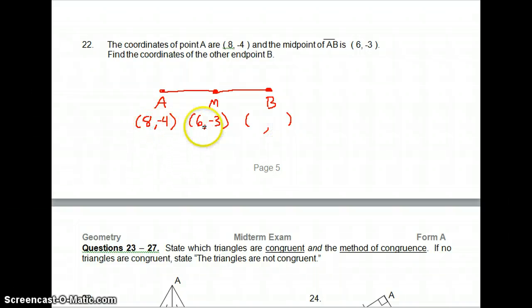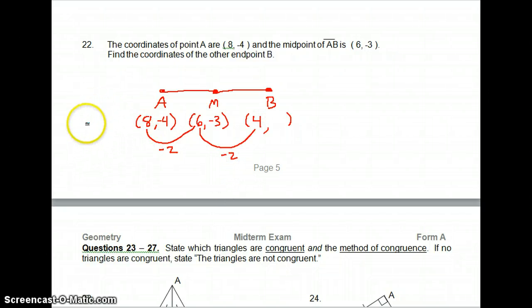Well, if we look at the x-coordinates, we notice that from 8 to 6, we're subtracting 2. So if this is the midpoint, the distance between these are going to be the same between here and here and here and here. So if this is negative 2, if we subtract 2 again, it gives us 4 for this endpoint.